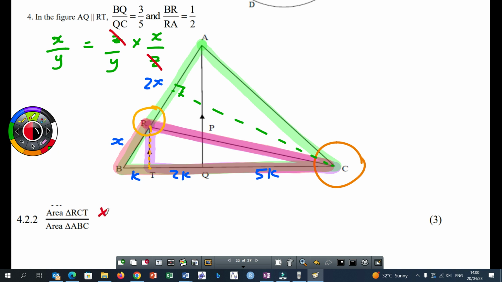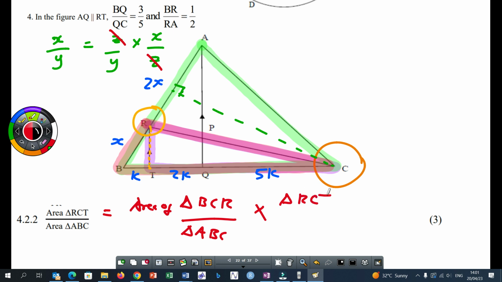If I want to carry on here, you can write area of triangle BCR over area of triangle ABC, times area of triangle RCT over area of triangle BCR.